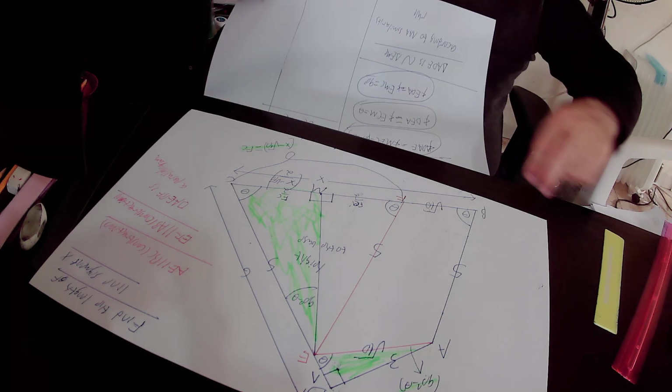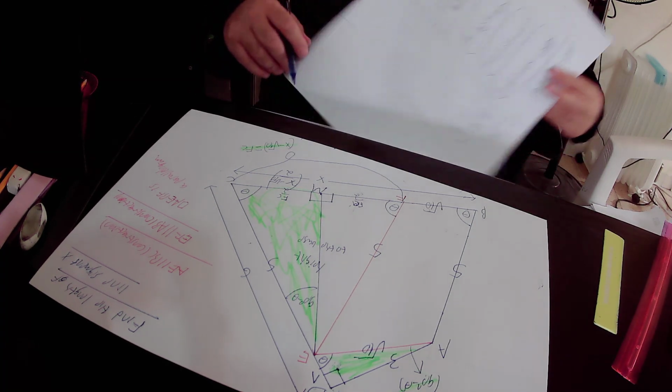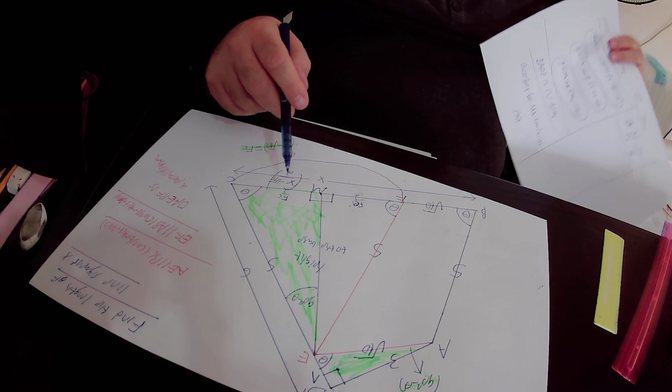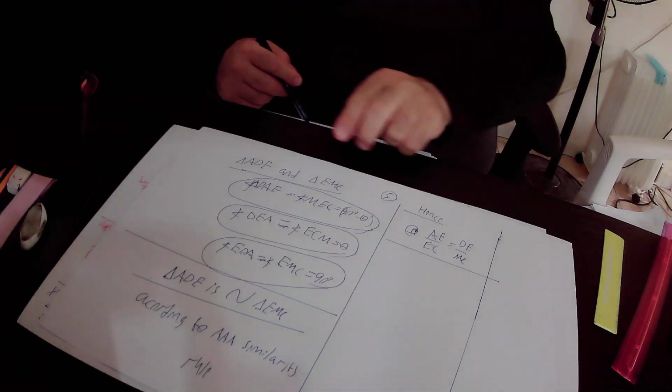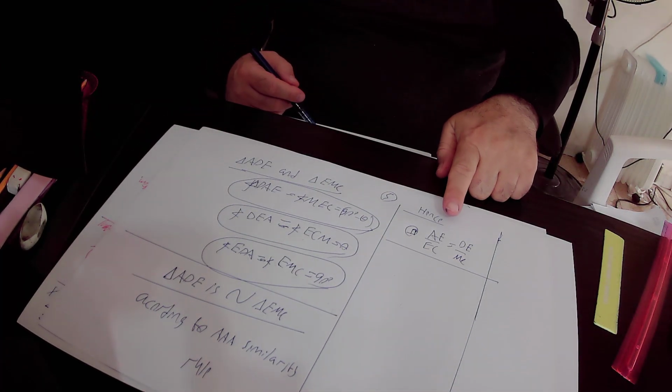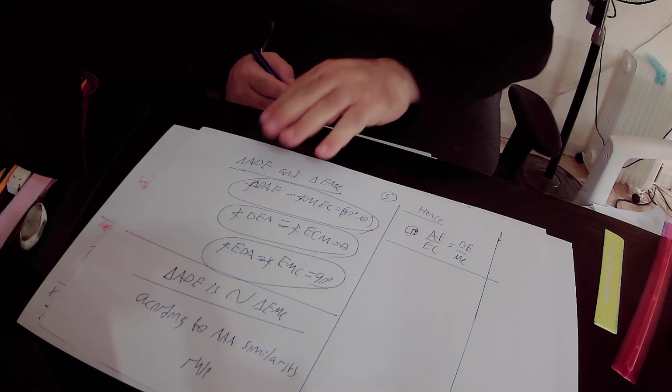I'll repeat again, from the fact that triangle ADE is similar to triangle EMC, we conclude that AE over EC equals DE over MC.